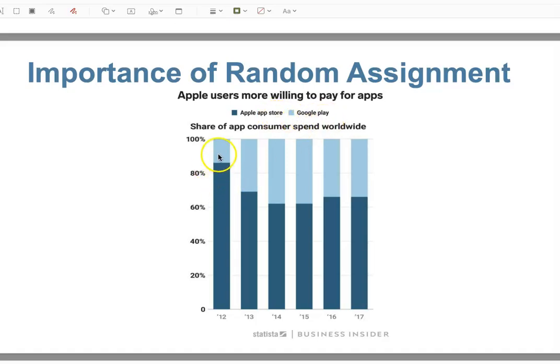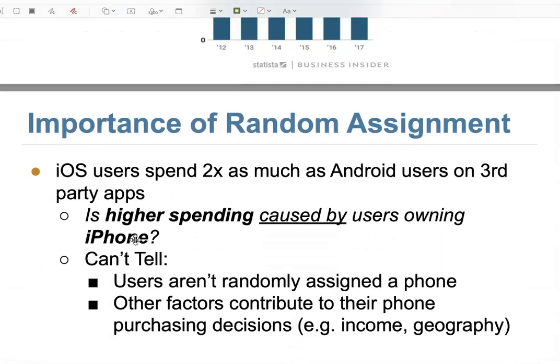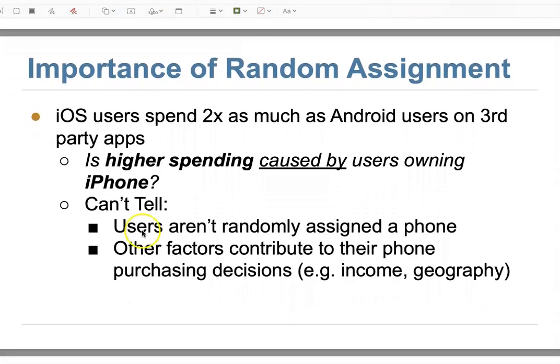You can see every year that on the Apple app store they spend much more than on Google Play. So from the data we have, iPhone users spend 2 times as much as Android users on third-party apps.